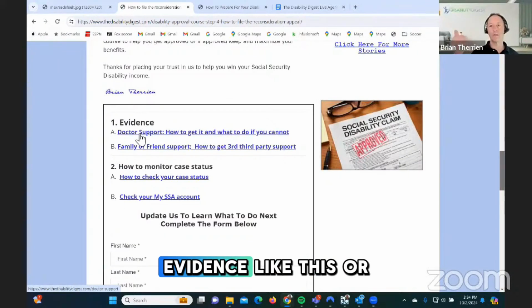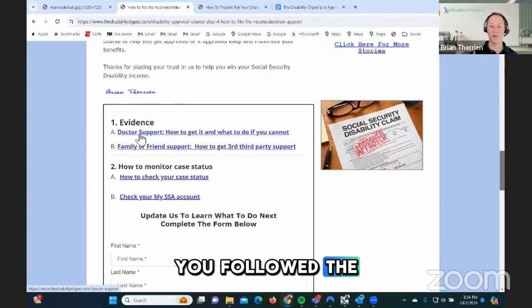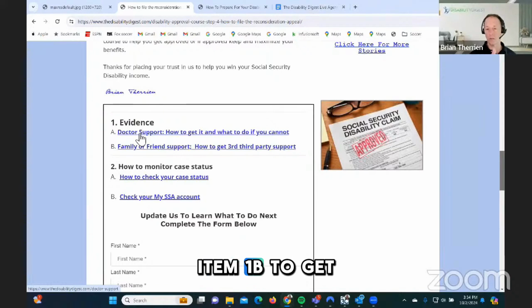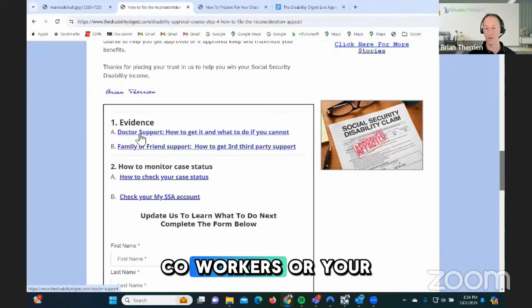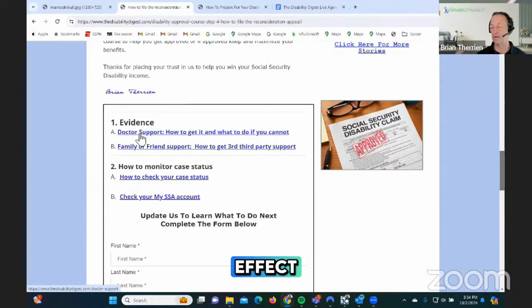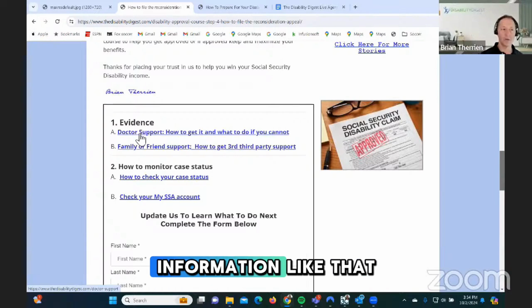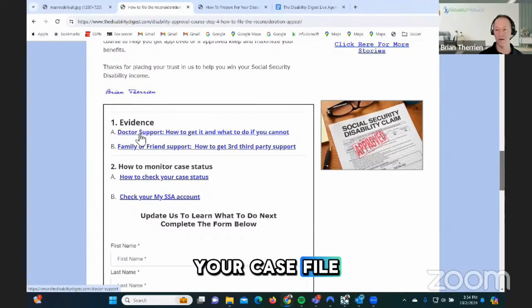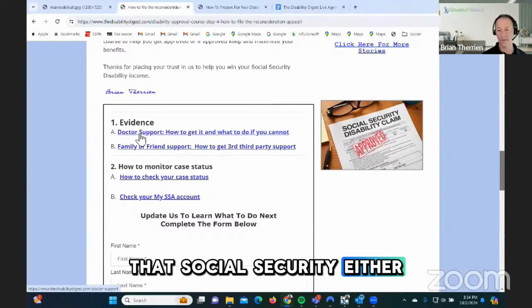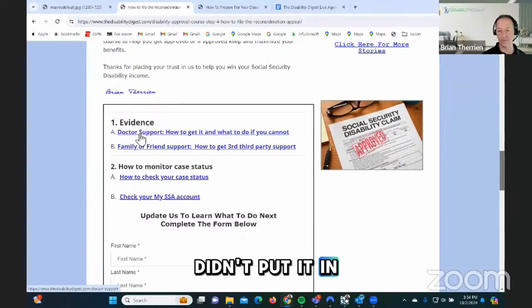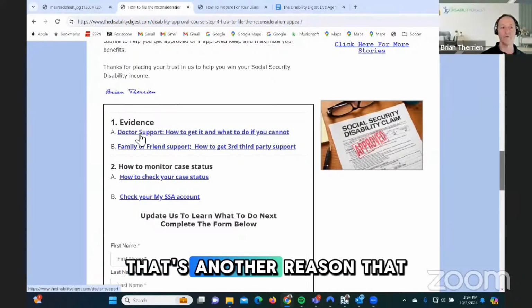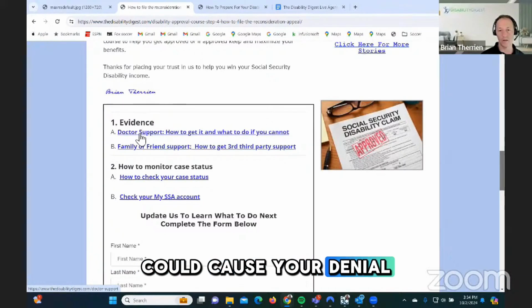So if you have evidence like this, or you followed the other evidence directions in item 1B to get support from coworkers or your prior boss, or we've had people that have had letters written from organizations that they volunteer for. Information like that was not in your case file, that Social Security either said they received it, didn't put it in the file, or something happened. That's another reason that could cause your denial.